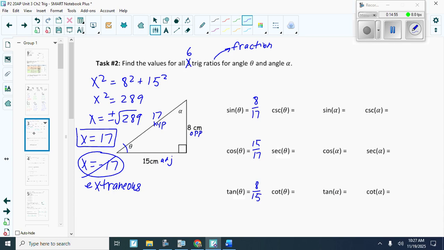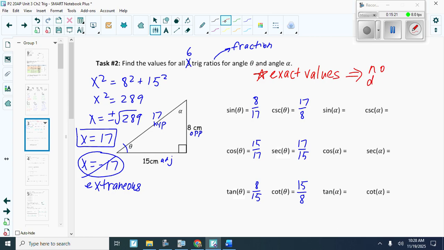The reciprocal functions really are just writing the reciprocal. So remember, we are at the stage of exact values.